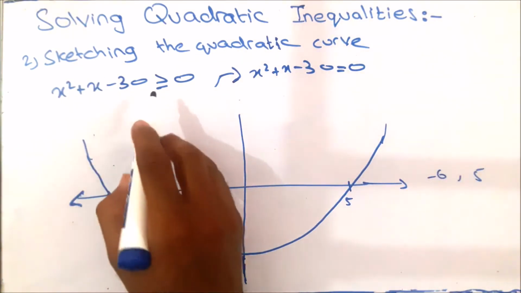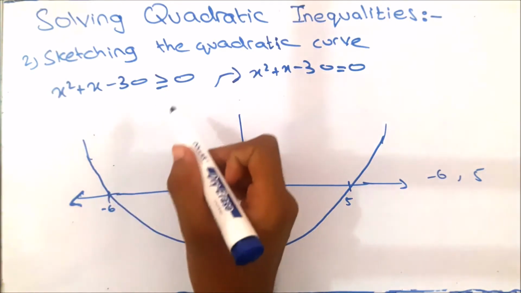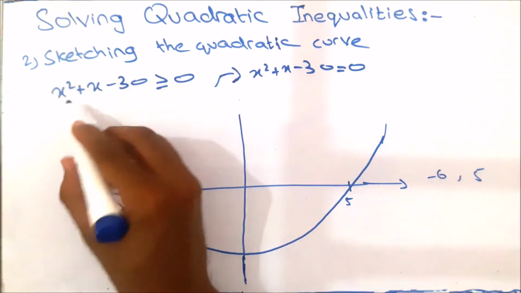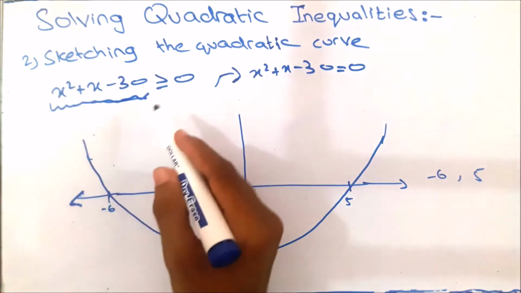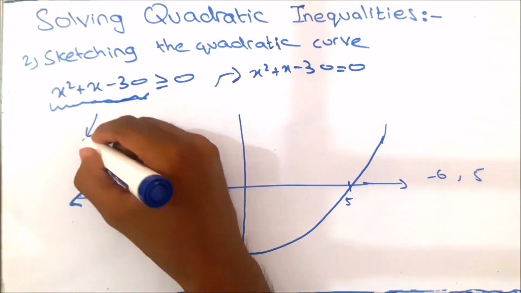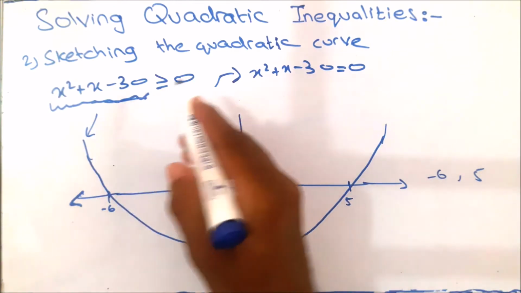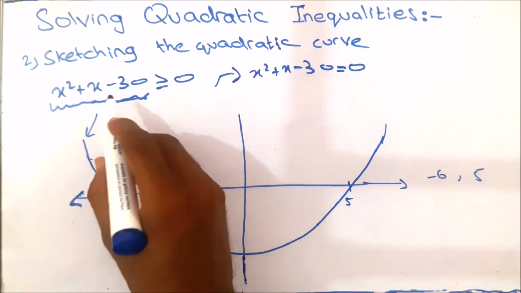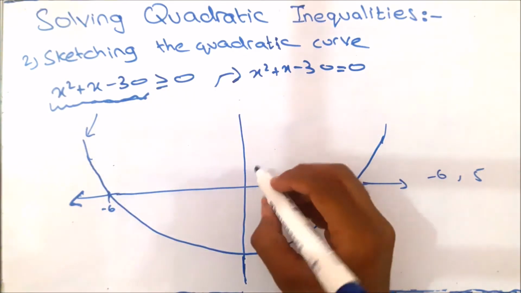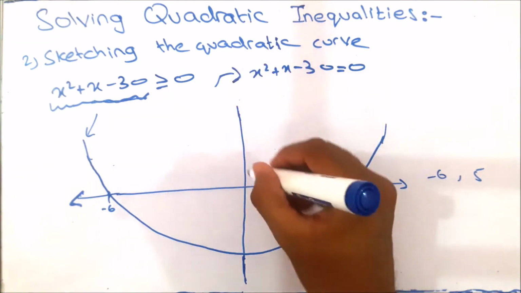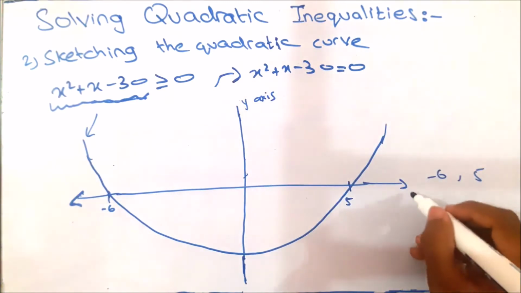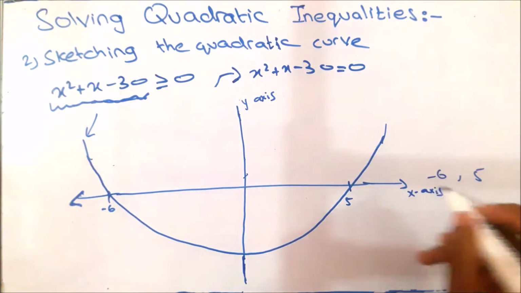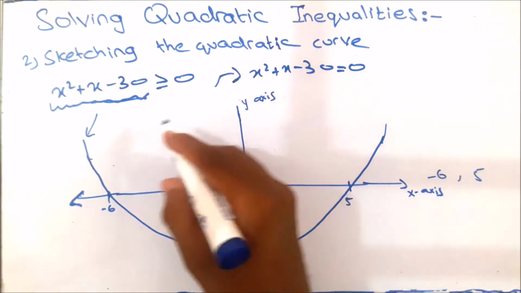Okay, let's come to the inequality part. This quadratic function is sketched over here in this curve. We need to see where this curve is greater than 0. By 0 it means this line, the x-axis.